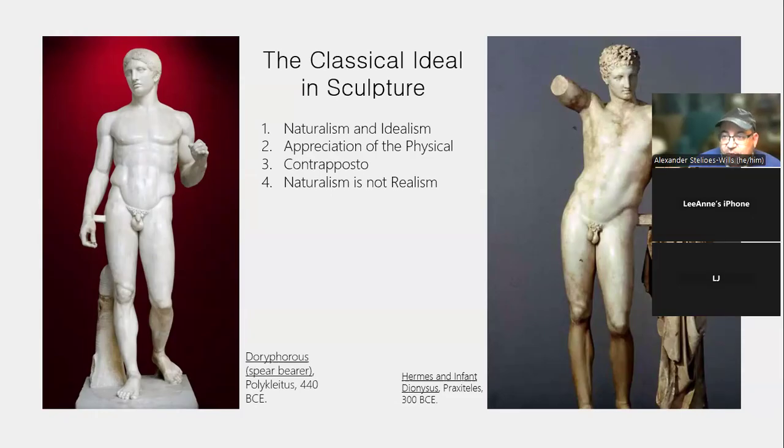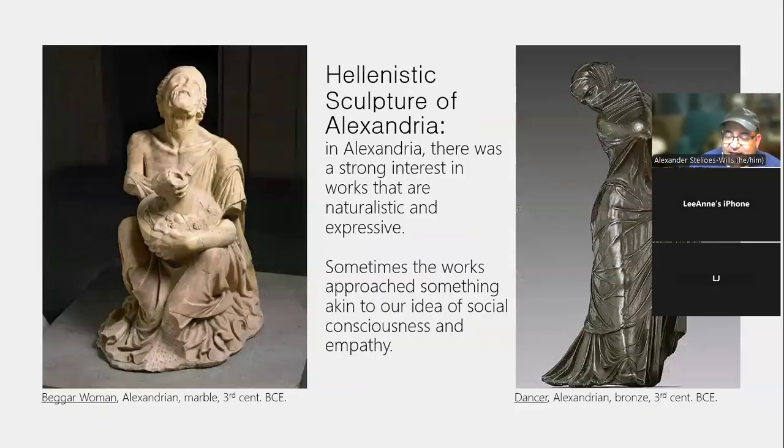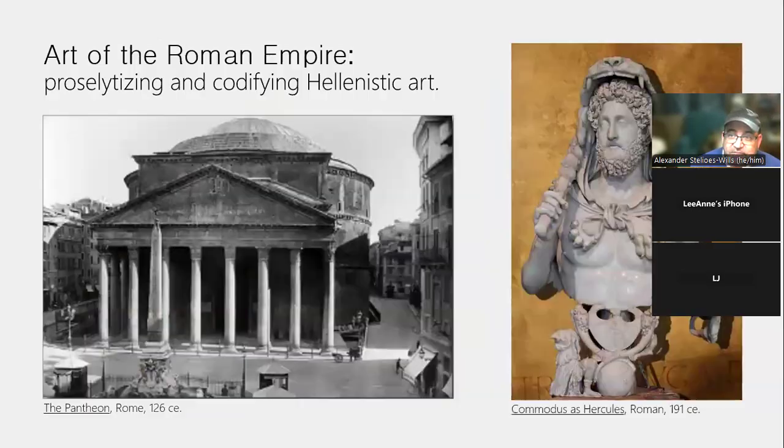And unfortunately, bronzes don't last as long, and you may wonder why. The reason is that bronze can always be melted down to make useful things in times of war. So that's probably why we no longer have Doryphoros. And that's the end of the lecture.